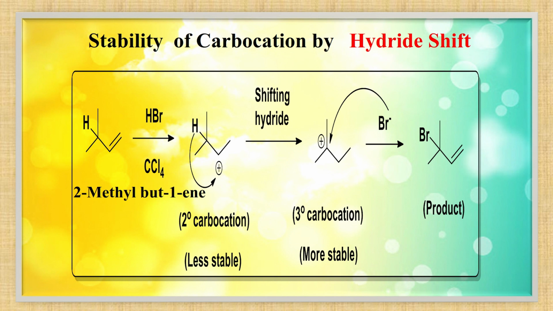If you have a 2 degree carbocation, by hydride shift you can get a 3 degree carbocation. If there is a possibility of shifting from 2 degree to 3 degree, or 1 degree to 2 degree, you shift the hydrogen or the methyl, or any group, to get a more stable carbocation, and to that more stable carbocation the halide ion, or X minus ion, will attach.